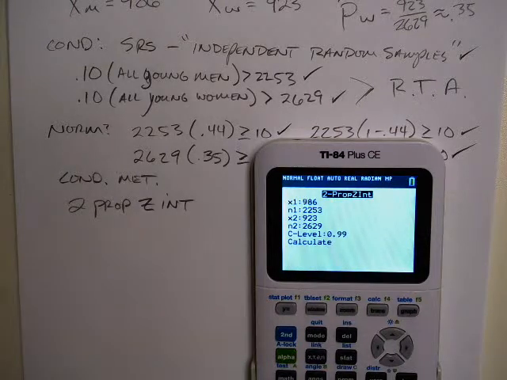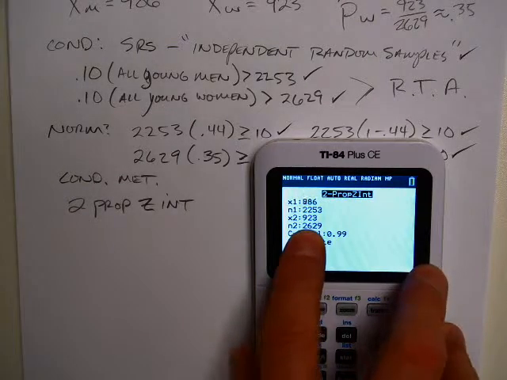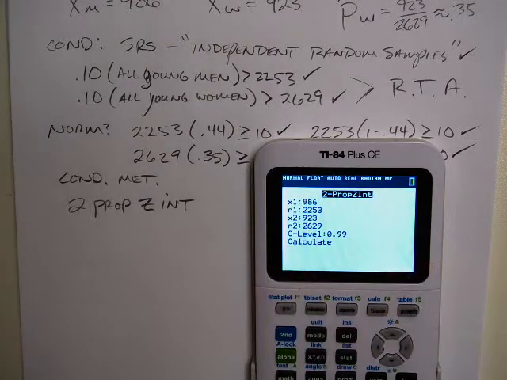And since I've already put this in, it's already got the numbers in there. X1 is going to be the number of men who live at home, and N1 will be the number of men that were surveyed. X2, the number of women that live at home and N2, the number of women that were surveyed. So there's our two proportions. Confidence level, this question asks for a 99% confidence interval.